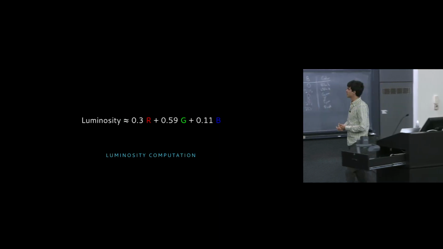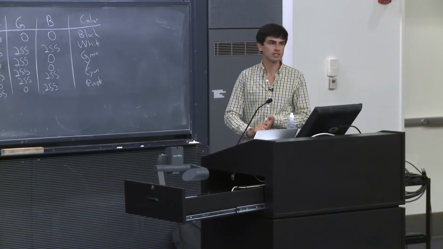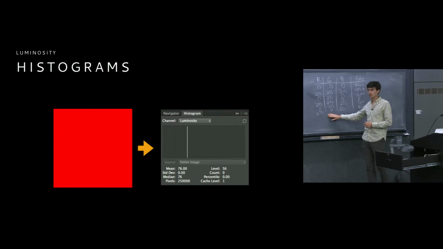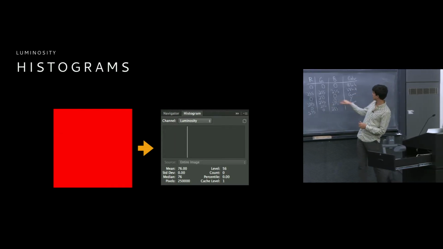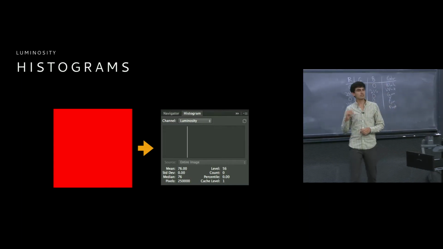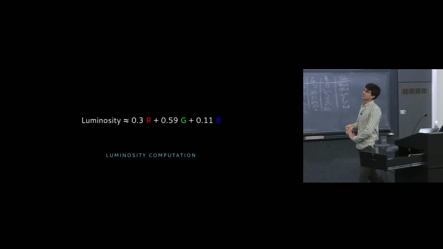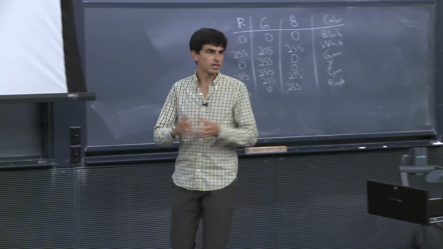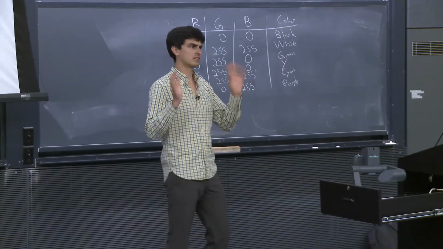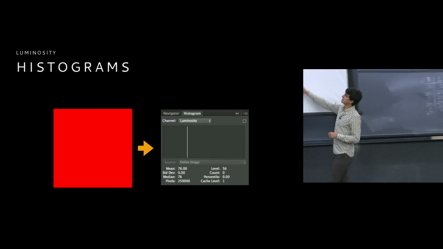If we have a value that's all red, so if we have at the very top leftmost pixel in this image a color value of 255 for red, 0 for green, 0 for blue, we pump that through our luminosity computation, and we get a value of whatever 30% of 256 is going to be, 50-something or something like that. And that is precisely the pixel location of this histogram.